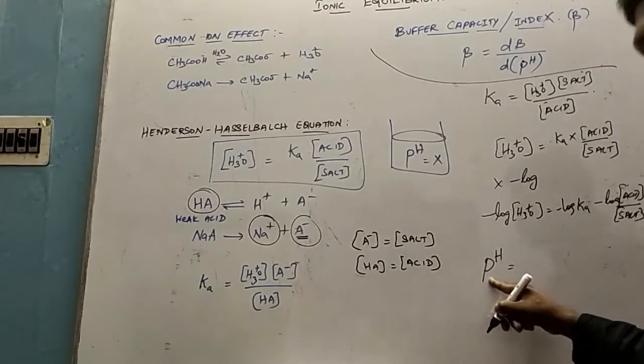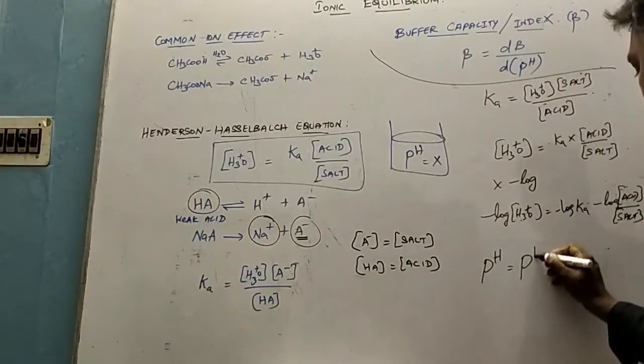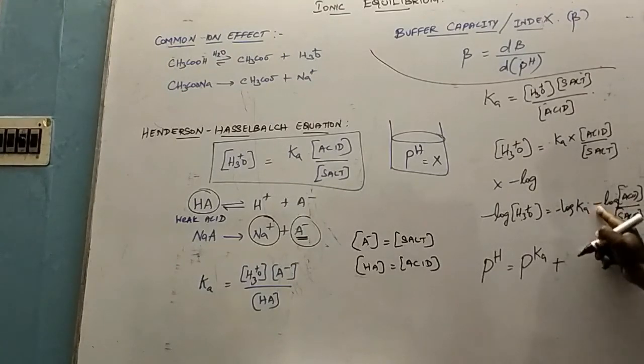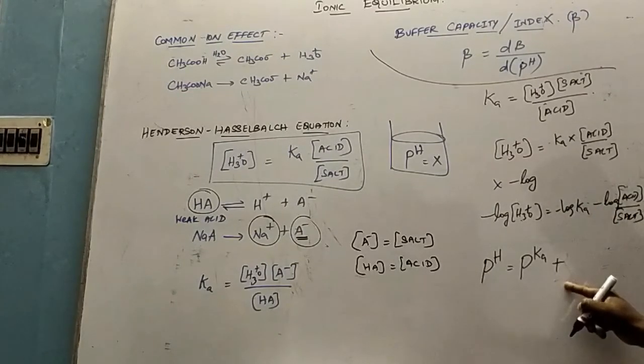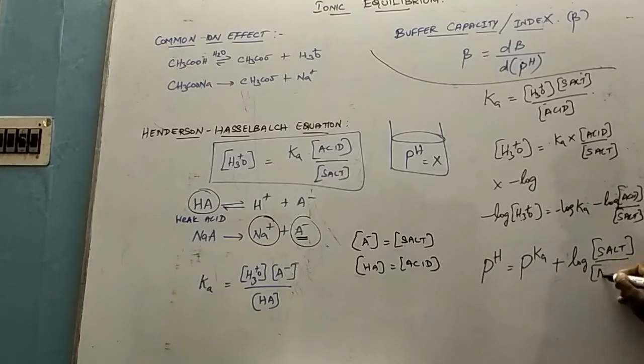So pH is equal to minus log H3O plus. Similarly, this can be replaced by pKa, and the minus can be reversed to plus, which means salt goes to the numerator and acid comes to the denominator. So log of concentration of salt by concentration of acid.